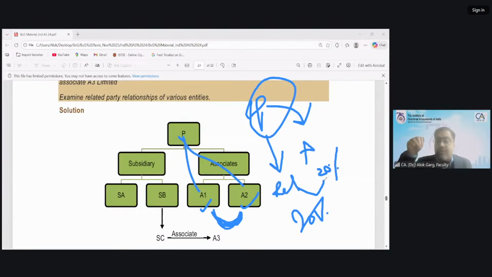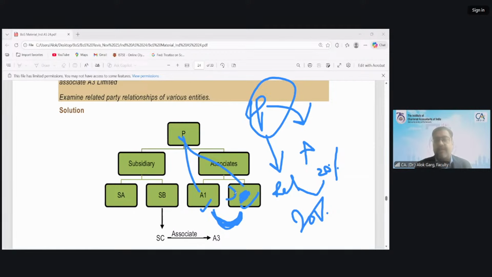So in the books of an associate, the subsidiaries of the same parent are related parties, but fellow associates are not. Are you clear? Yes, sir. If they are JVs, then they are related parties. A JV and an associate are also related parties.